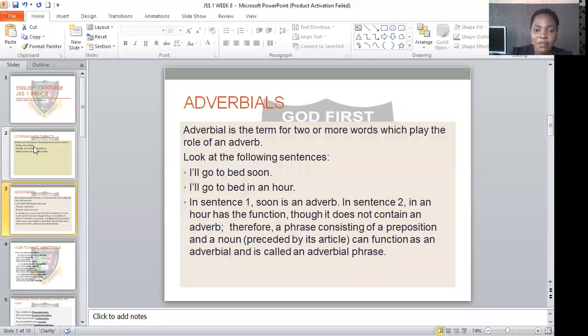And I said adverbial is the term for two or more words which play the role of an adverb. I gave two sentences: I'll go to bed soon. I'll go to bed in an hour. So "soon" is a direct adverb because soon is an adverb. But in "in an hour", there's no adverb in this sentence, but it functions as an adverb because it performs the function of an adverb.